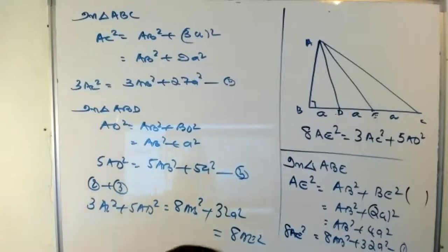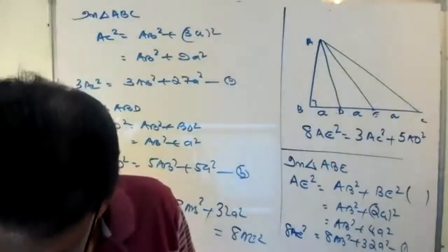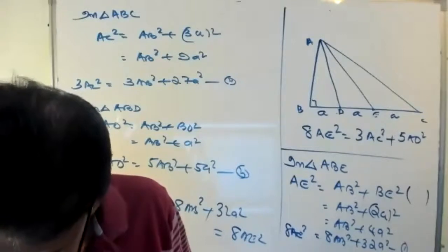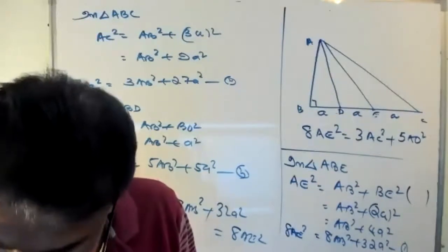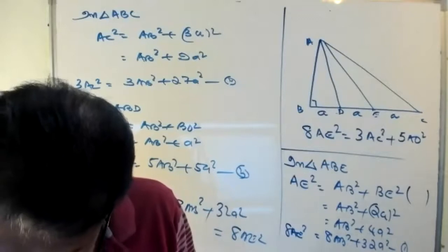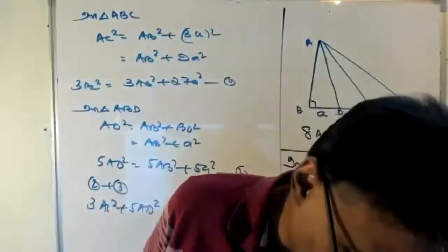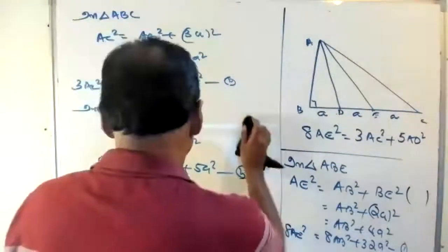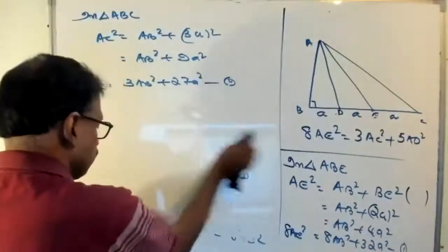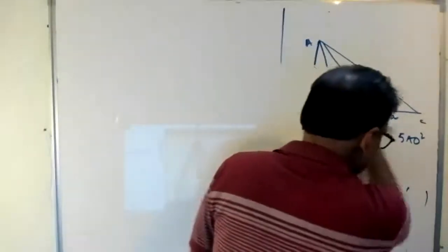Okay, so next question. ABCD is a rhombus.